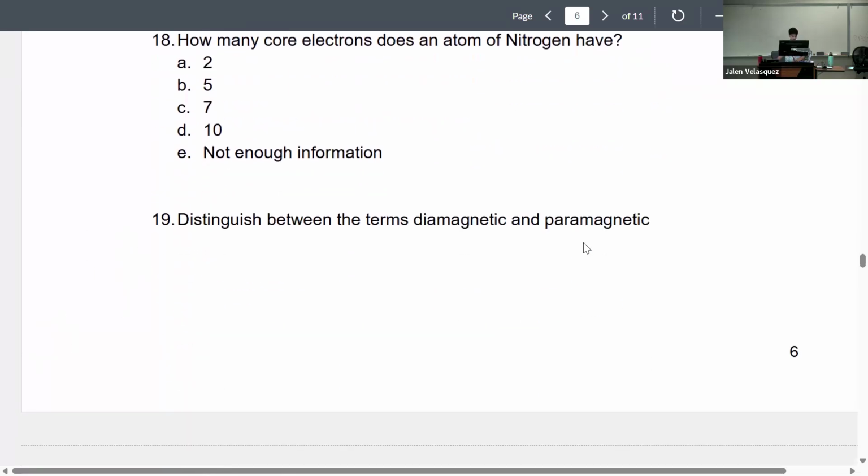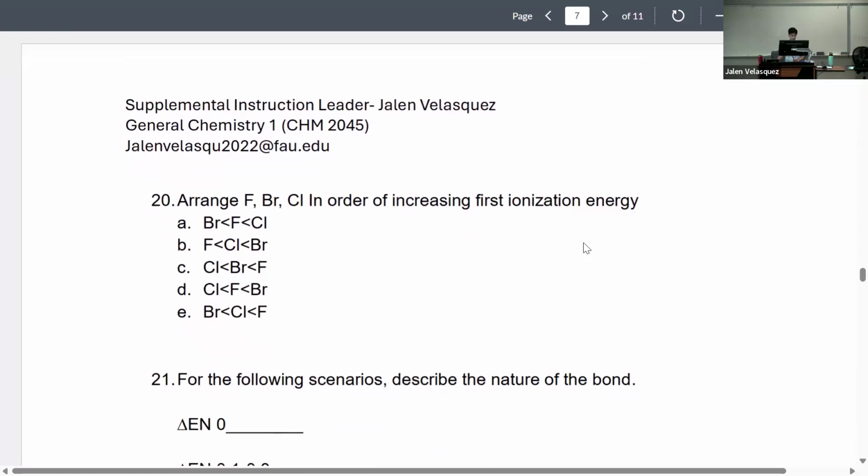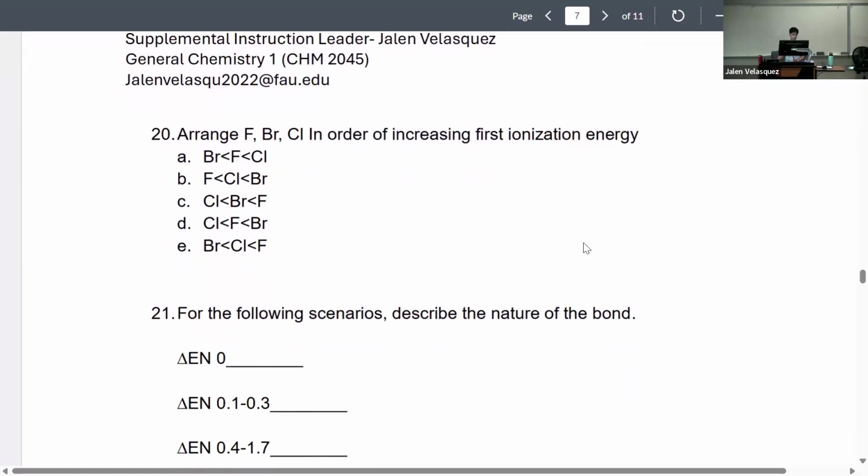All right. Next page here. Arrange fluorine, bromine, and chlorine in order of increasing first ionization energy. I'll give you a moment to look at that. You're going to have to use the periodic trend for ionization energy to answer this.